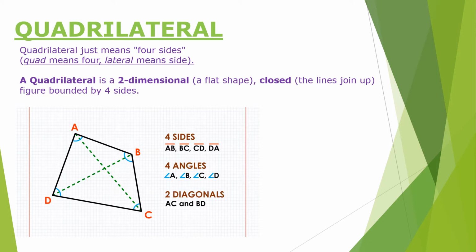See here, in this quadrilateral, vertex A and vertex C are the opposite vertices. Vertex B and vertex D are the opposite vertices. The line segments which join AC and BD are considered as diagonals. So AC is one diagonal and BD is another diagonal.